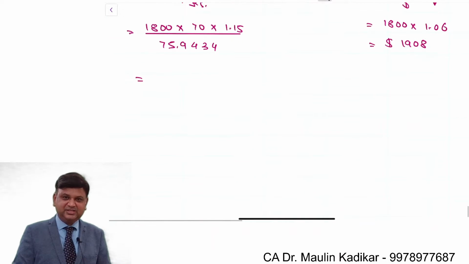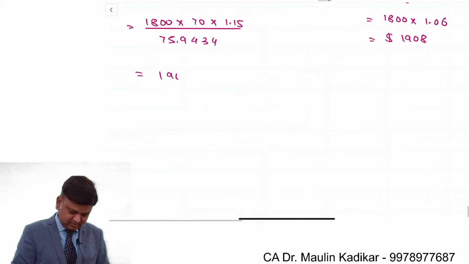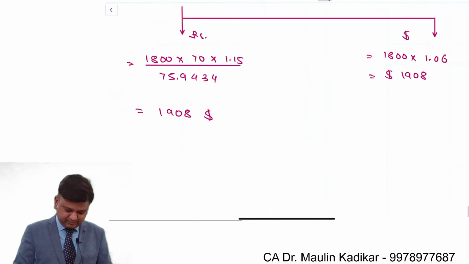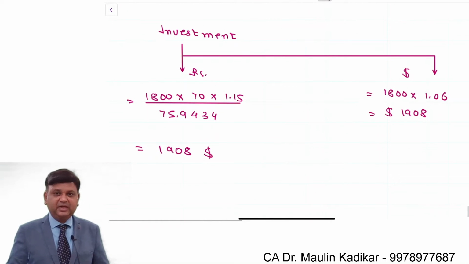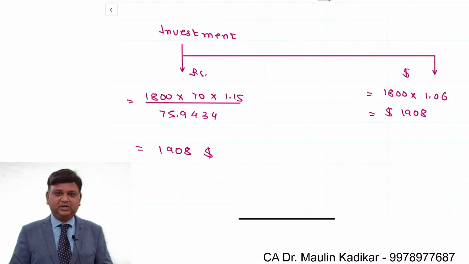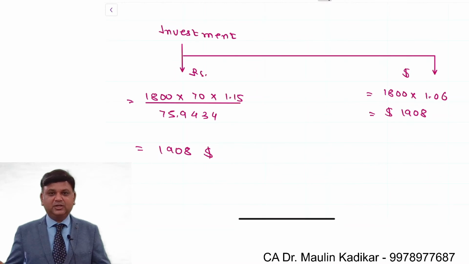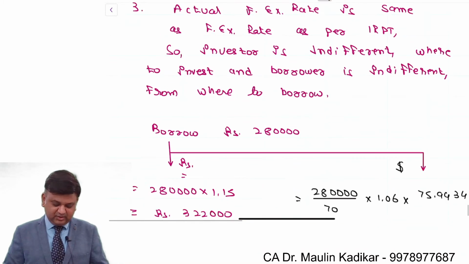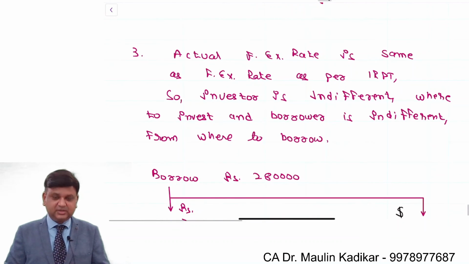So it is again 1908. This is the way we have the investment maturity, and it is same, and of course in that case you are indifferent. This is the way we are required to make the cross verification if at all we want. Otherwise conceptually we already have written the answer over here.